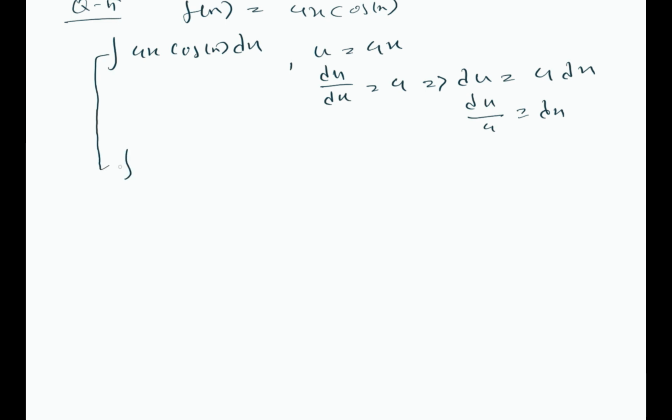I can write integral of 4x, which is actually u, and cos of x du. But what is du? Our du is actually 4 dx, but here we have cos of x. We are not getting this, so we cannot solve this problem using integration by substitution, we need to tie it with integration by parts.